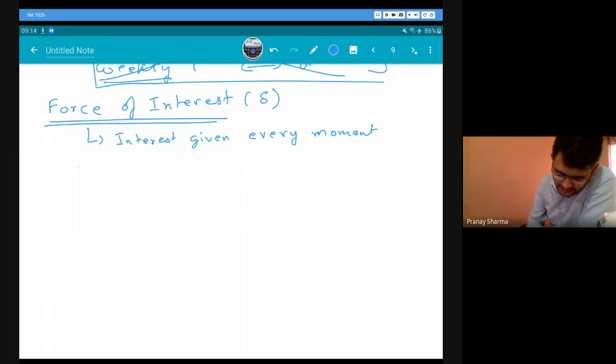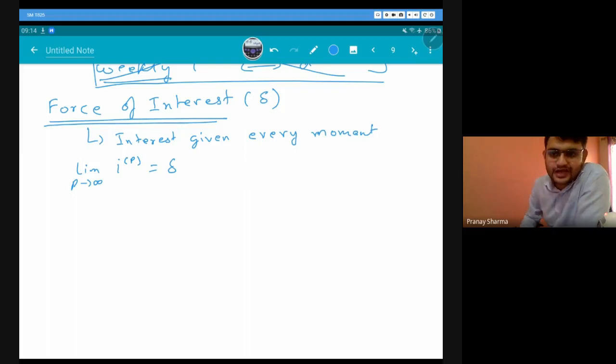So here what we are saying is, if my p is infinity, my i(p) becomes delta. We do not have limits in our course, so you don't have to worry about how we get that. This is just a concept. So we are saying that if my p is tending towards infinity, that means p is reaching infinity, my i(p) will be reaching delta.